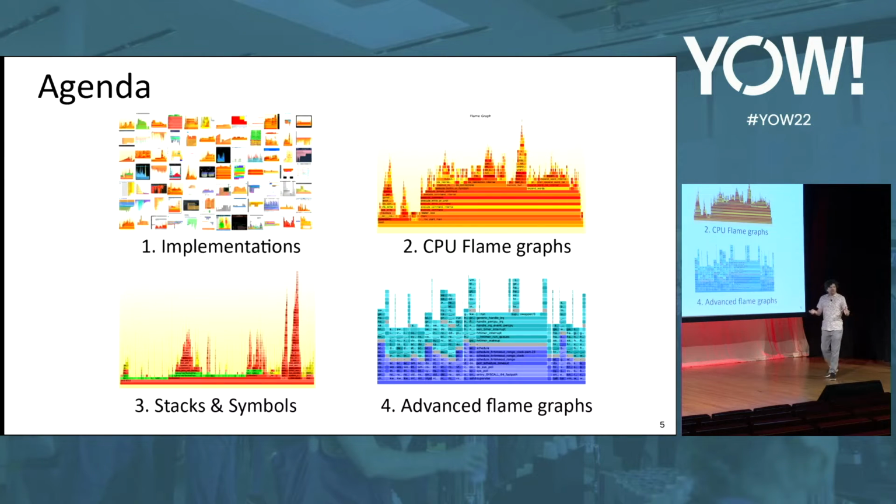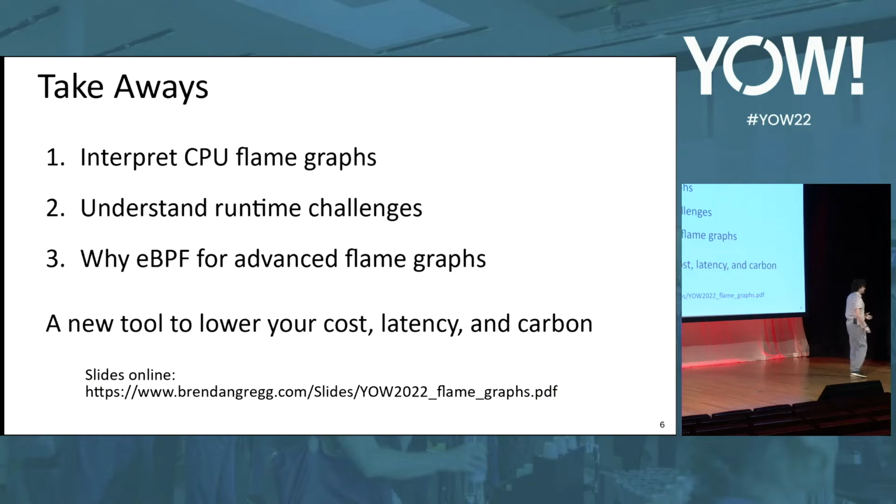I'll begin by showing you a quick tour of implementations so that you can understand that maybe you already have access to flame graphs because it's appeared in a lot of software so far. And then I'll explain what they are in section 2 with CPU flame graphs, show the challenges, and then go through advanced flame graphs. The takeaways: you will learn how to interpret CPU flame graphs wherever they show up, understand the runtime challenges, which is where most of the work has been.